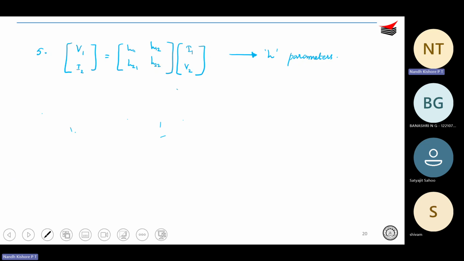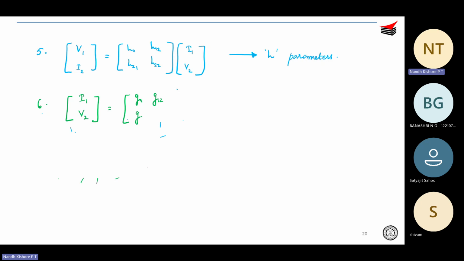And complementary, we have the G parameters, wherein you have I1, V2 equal to G11, G12, G21, G22 into V1, I2.